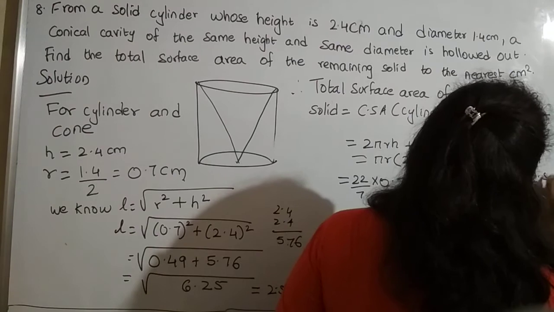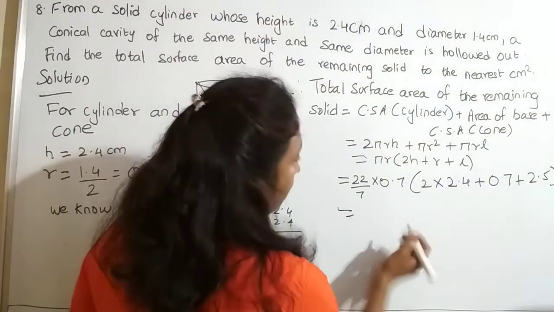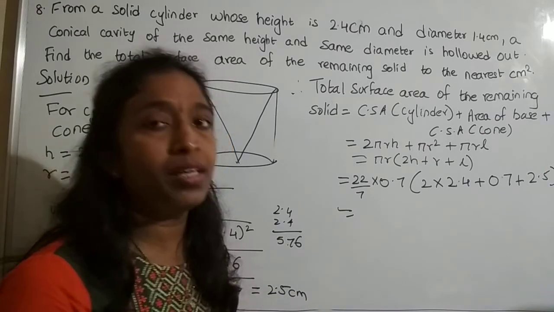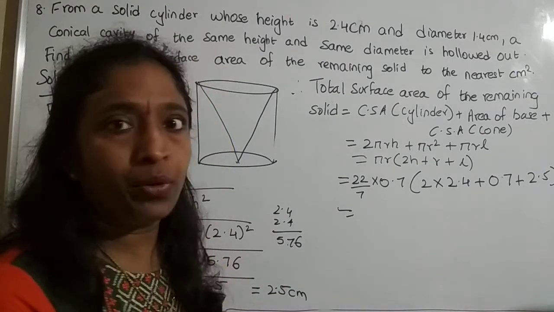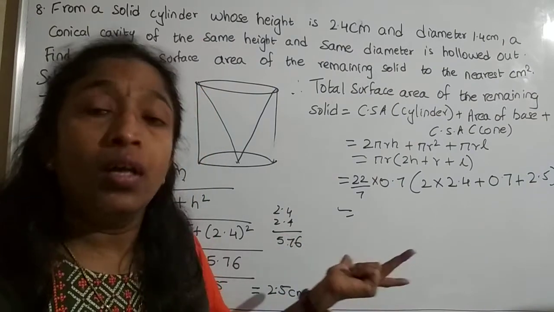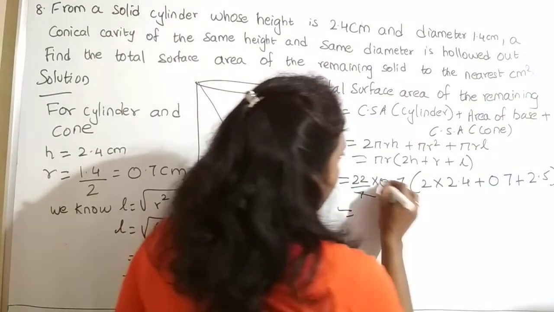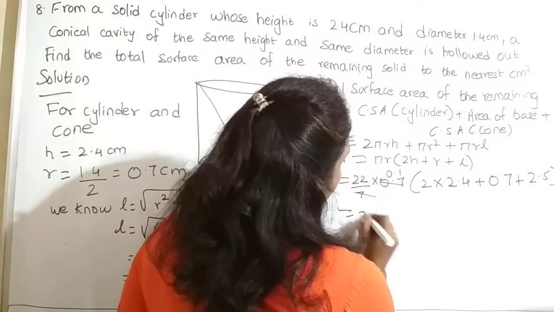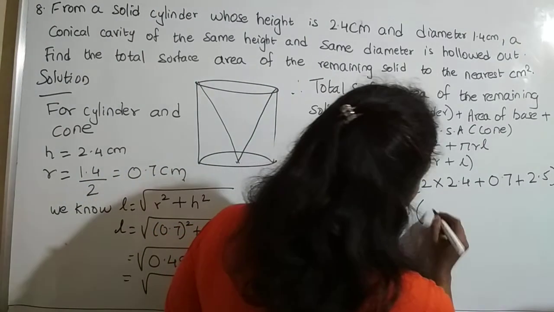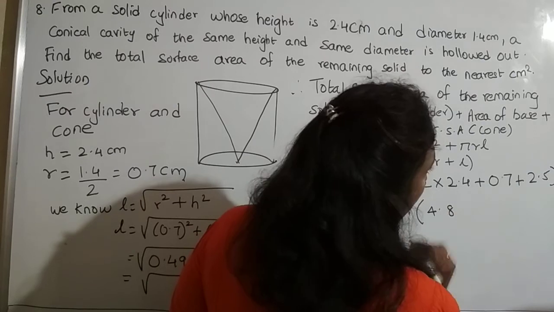Okay, so this is just a calculation part. You found that whenever we do it together, the calculation becomes very easy. We don't have to really struggle with the calculation. If you find it separately, it will become lengthier. So here we get 0.1, so we get 22 into 0.1. Here 24 into 2 is 48, that is 4.8.